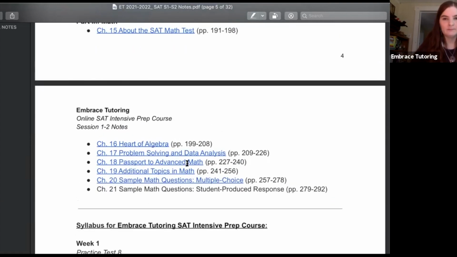So that being said, I want to switch gears a little bit now that we've gone over the general idea of the math test. I'll go into more depth next week about the kinds of math questions that you'll see specifically.